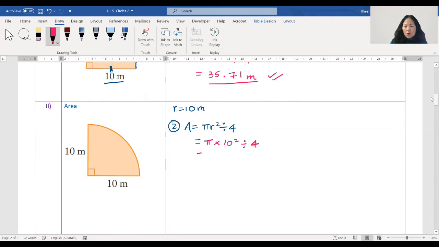Now put all that in your calculator, you will get 78.5398... equals 78.54 meter squared. Okay, for 2 decimal places again, because the third number was 9, so it's rounded up to the next number.